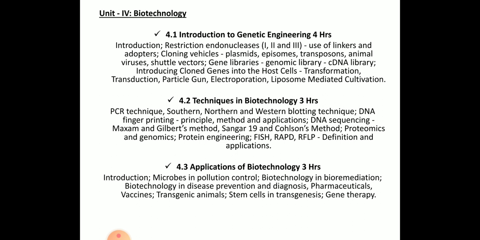For example, if you have two different genes with their own merits and demerits, and you want to take the merit of one organism, then you will go for recombinant DNA technology. So only the advantages of that gene you will incorporate and insert into a plasmid or the bacteria. That is how this type of study will be done in the first subunit of unit 4, that is introduction.